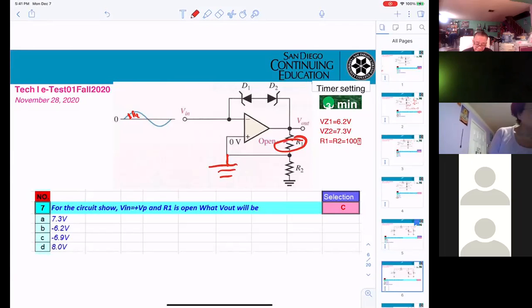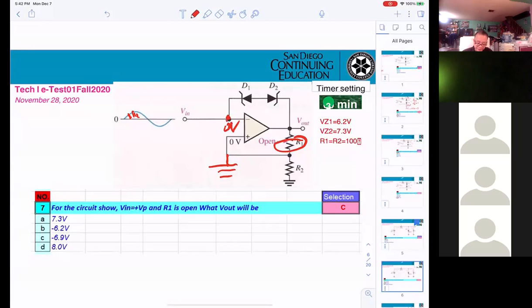But wouldn't the resistor be in there as part of the ground? That positive input connects to the ground. Ground is 0 volt. Yeah, I know, but I'm saying R2 would still be in there, correct? It doesn't matter. Okay. It's ground. So 0 volt here, that means you get 0 volt here. Right? This point.